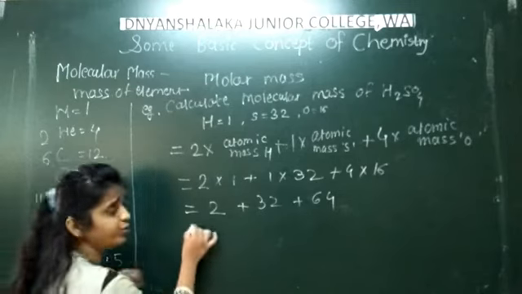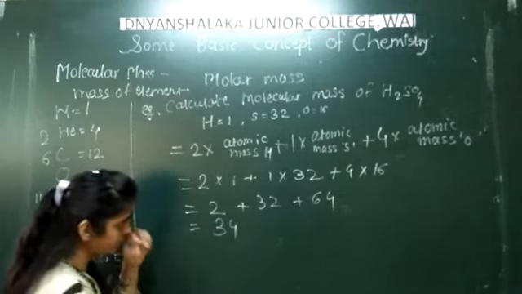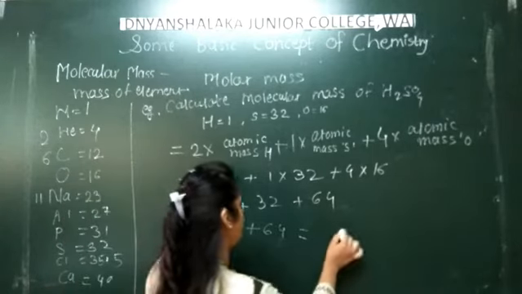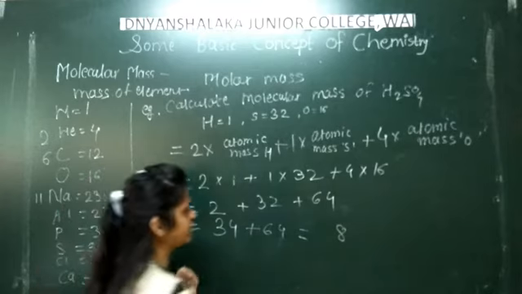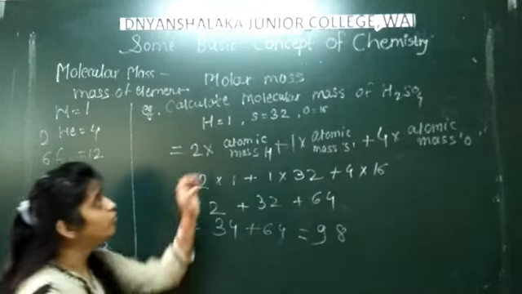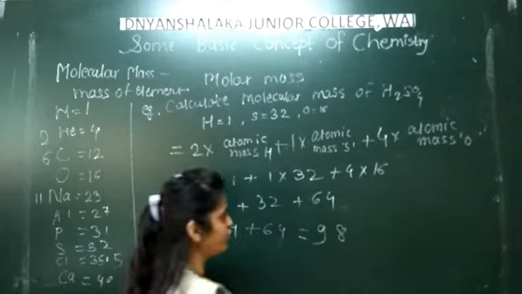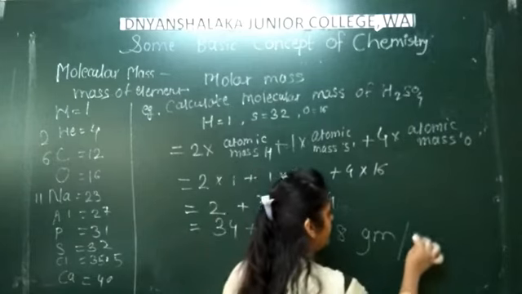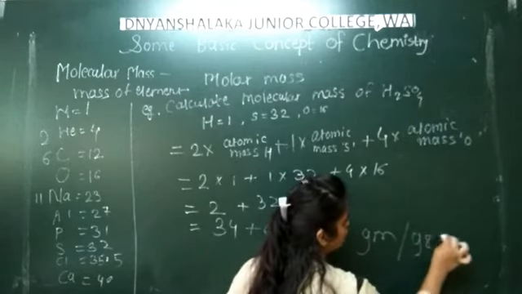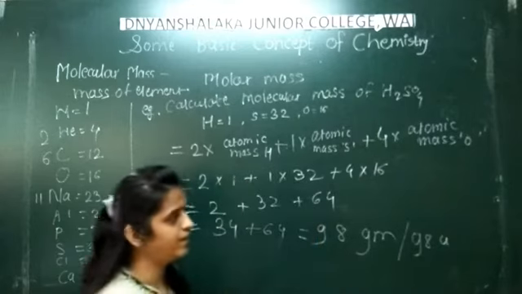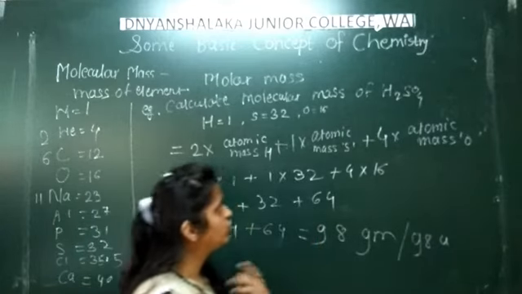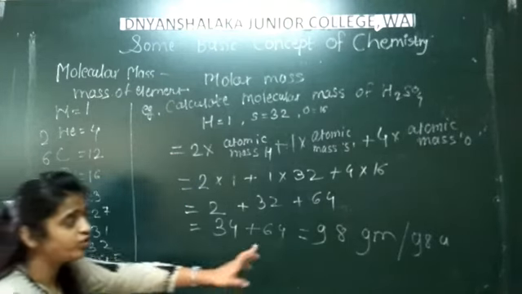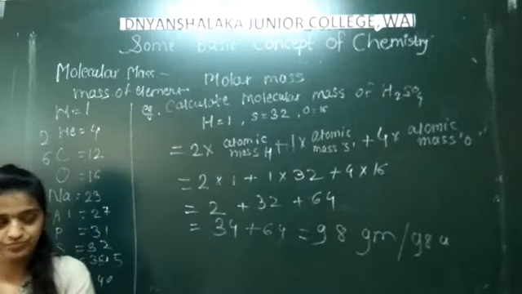So 32 plus 2 is 34, plus 64 is 98. So the molar or molecular mass of H2SO4 is 98 gram or 98 U, or 98 AMU.